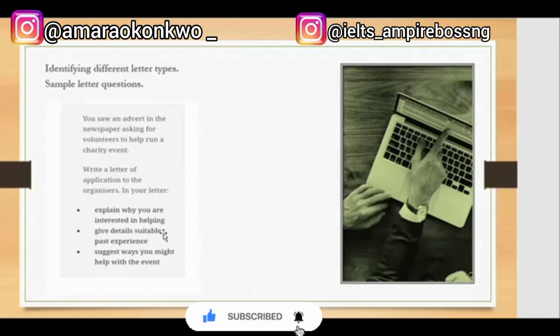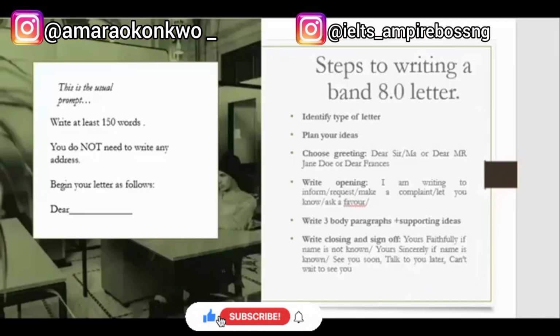Suggest ways you might help with the events. What do you think about this? Oh yeah, this is a formal letter, because you are writing to another organization. The letter of application to the organizers, so yes, you're correct.